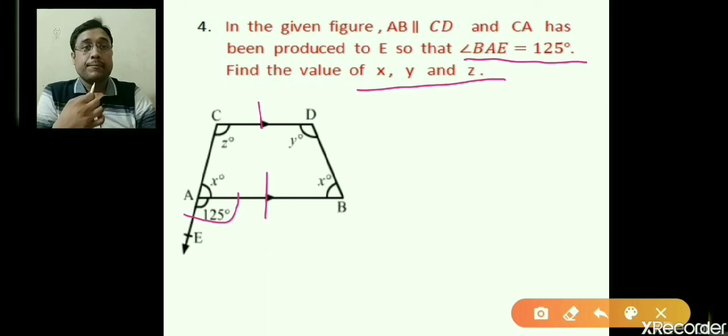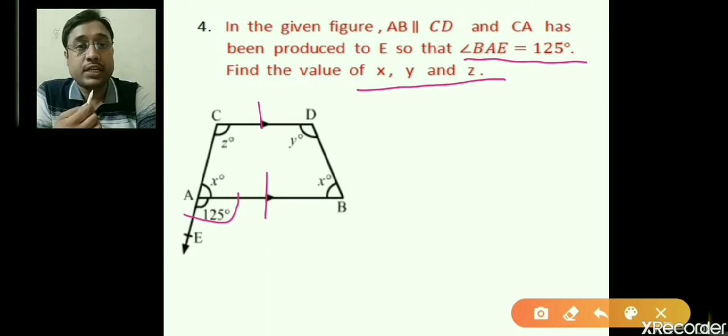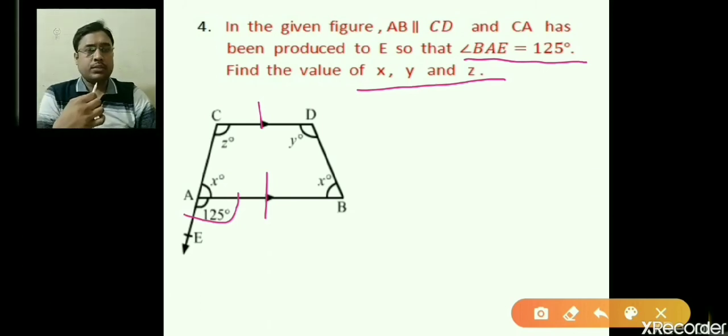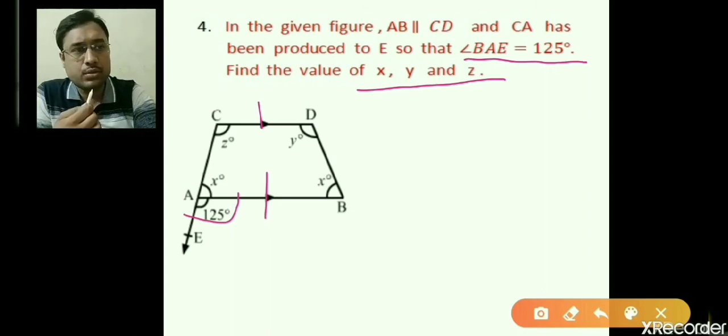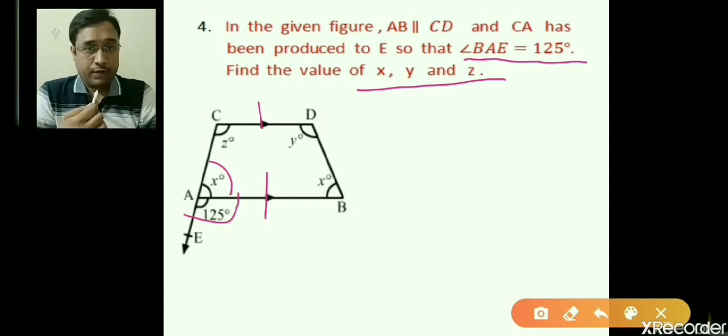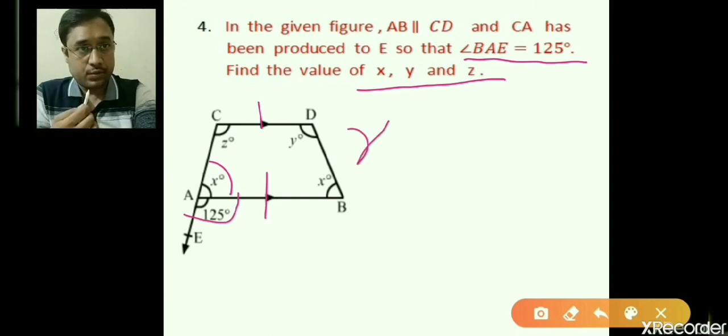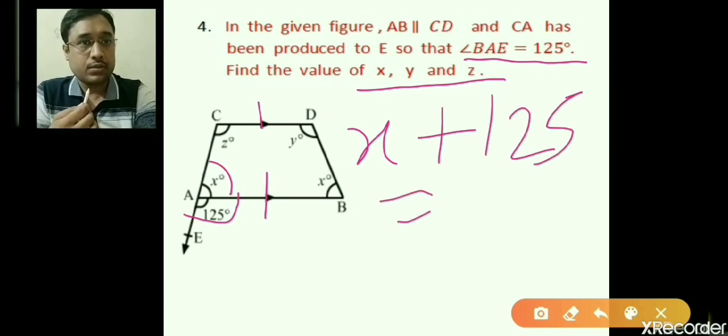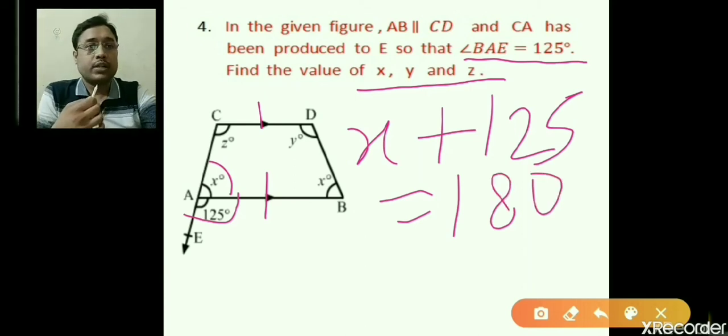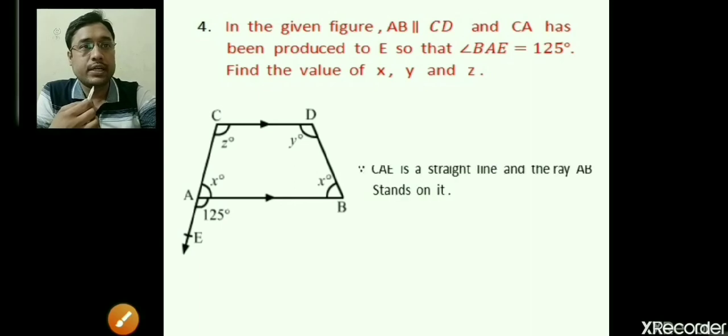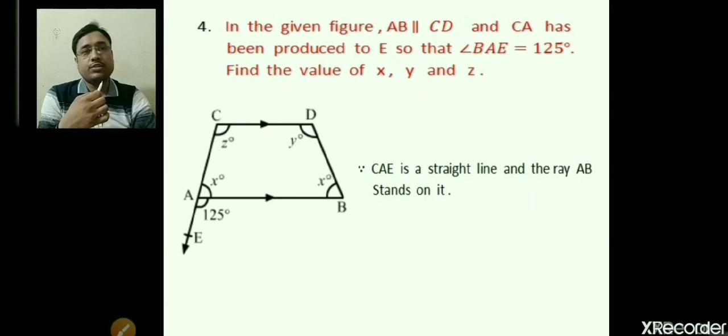Okay, so find that. First of all, there are 2 or 3 methods here. First you can say that this x and this 125 are forming a linear pair. Then you can say that x plus 125 equals 180 degrees. To understand this statement, since CAE is a straight line and the ray AB stands on it, it is a statement of linear pair only.